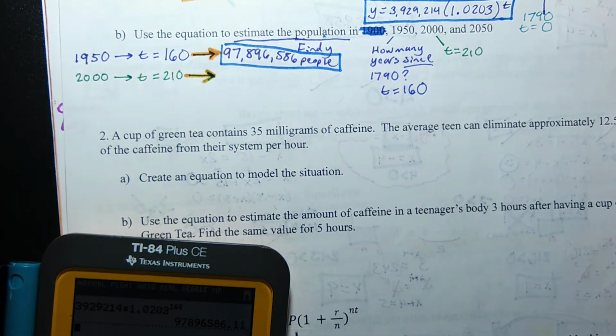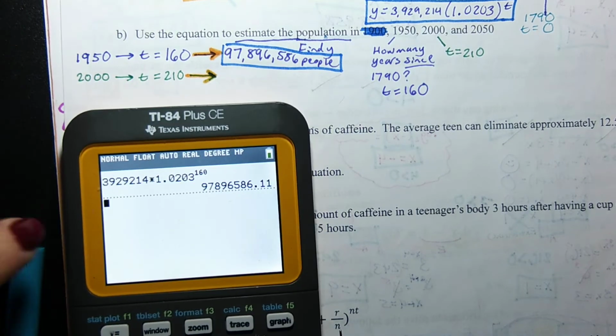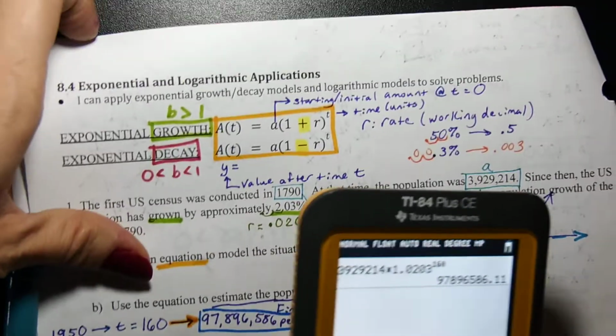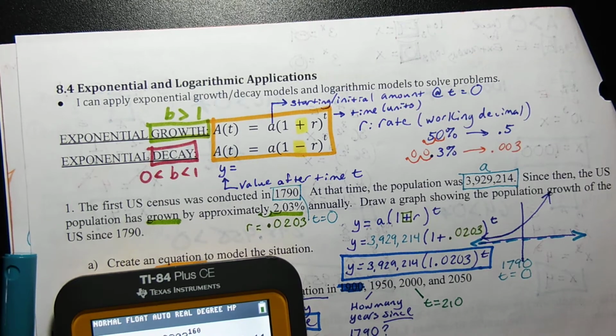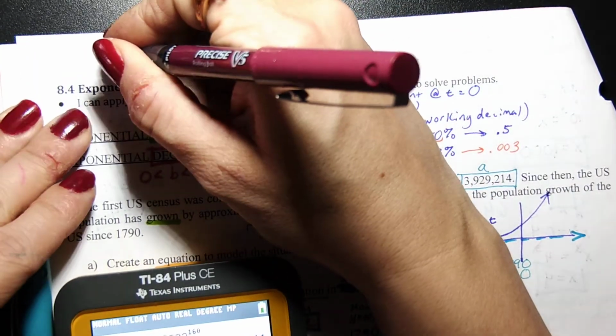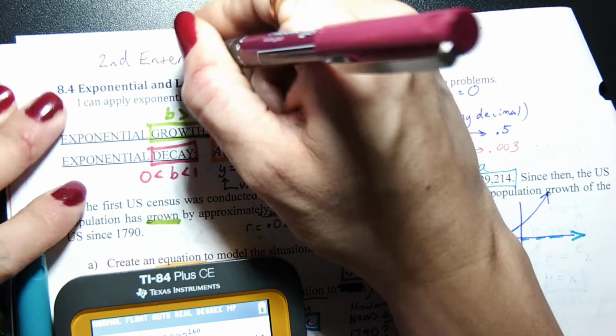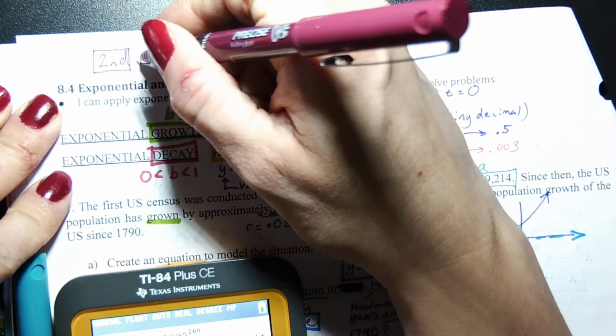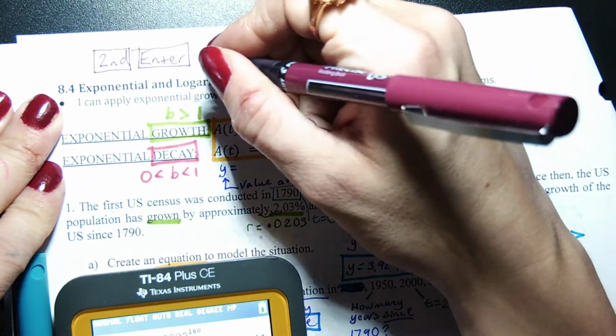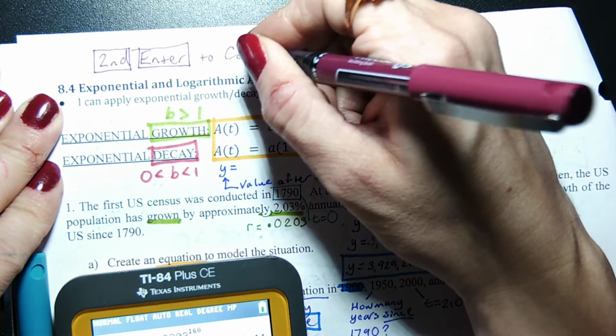So this is a good opportunity, since this was kind of annoying to type in, and we're going to be typing it in multiple times. It's a good idea to review our calculator key sequence for doing copy-paste. Does anyone remember what it is? Second, enter. Second, enter is how we copy paste on our calculator.